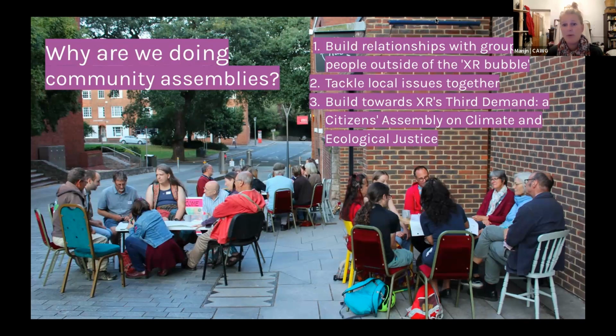And it's just a brilliant way of tackling local issues together. There are all these controversial issues going on in local communities, low traffic neighborhoods, like I said, cycle lanes, green spaces that are being lost, old trees that are being cut down, all these kinds of things that are really local issues that people are very passionate about, that you can, as a group, come to solutions for.